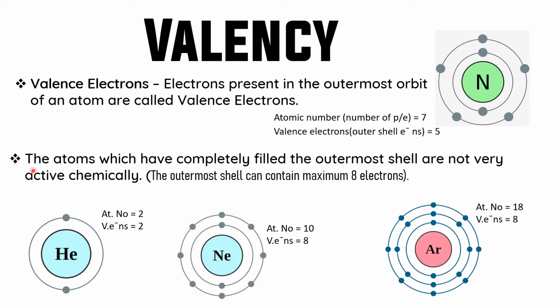Next, the atoms which have completely filled the outermost shell are not very active chemically. We already studied some rules in the last class, and one of the rules is that the outermost shell can contain a maximum of 8 electrons.